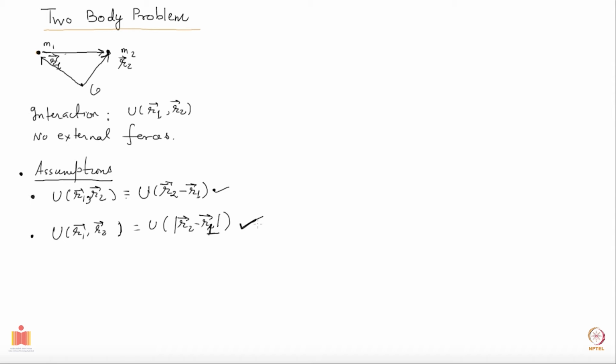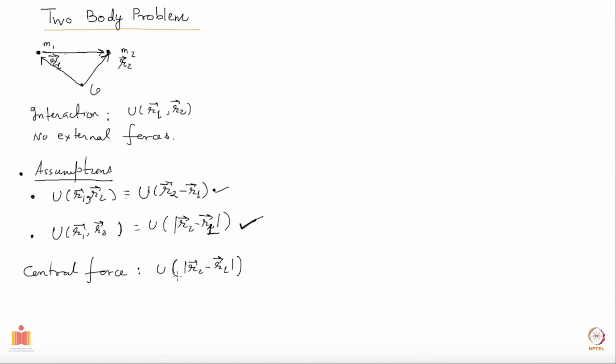Now, if this is the case, then we say that the force is central, which just means that your potential energy depends only on the separation between the two particles of your system. That's a central force field.